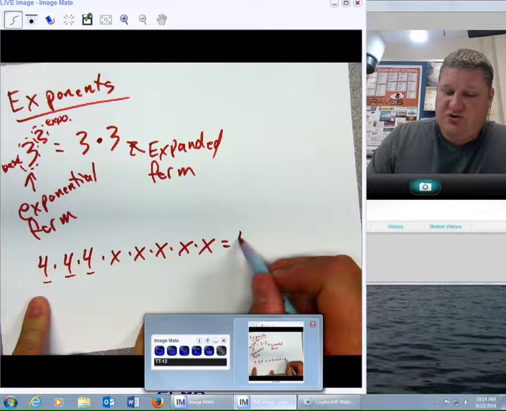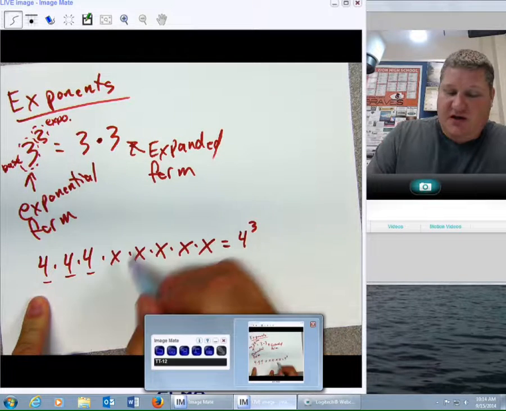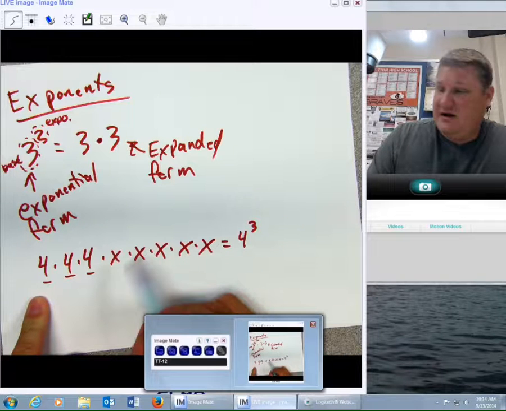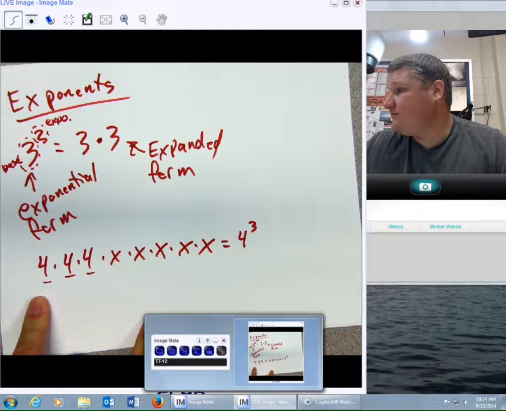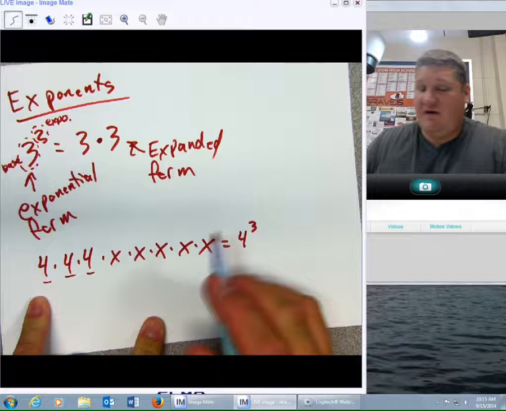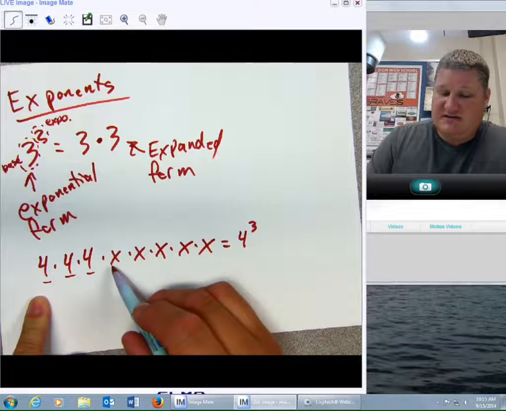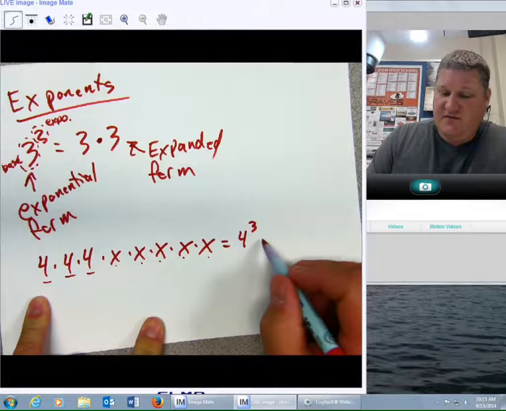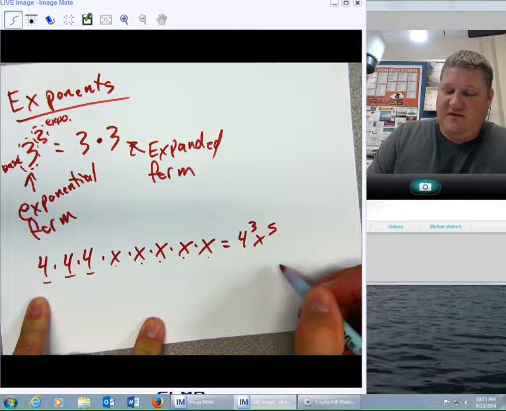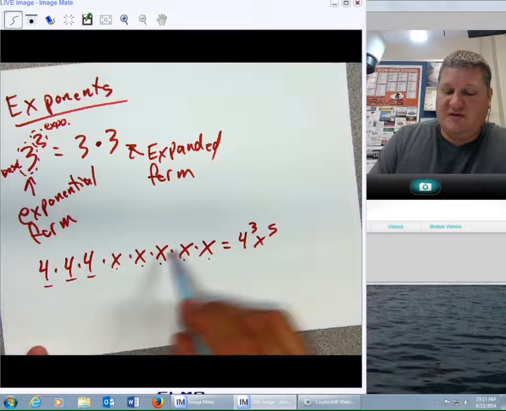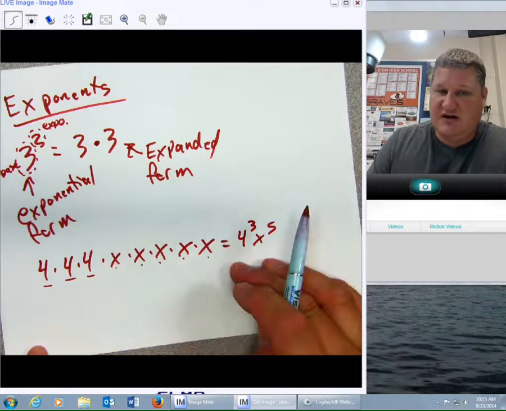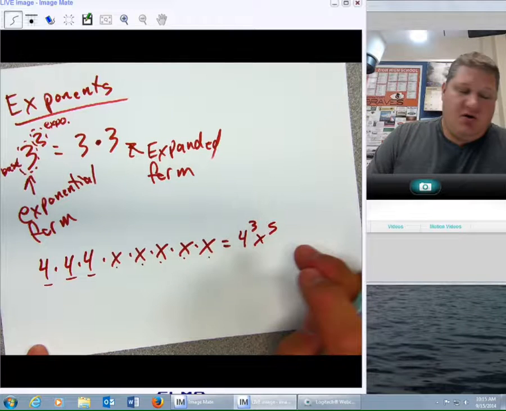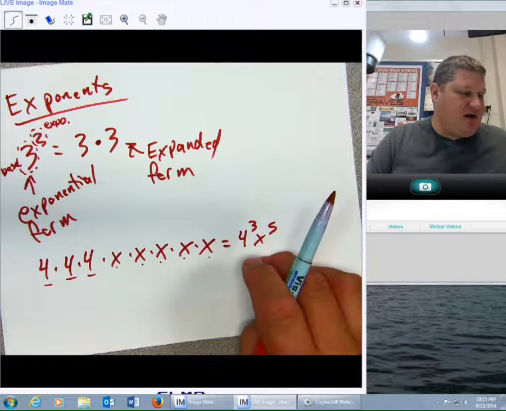So 4 cubed. If I wanted to figure out how many x's I have, that's 1, 2, 3, 4, 5. X to the fifth. Now this only works because all of these are multiplication signs. If there were anything in here besides multiplication signs, we would not be able to put these together like this.